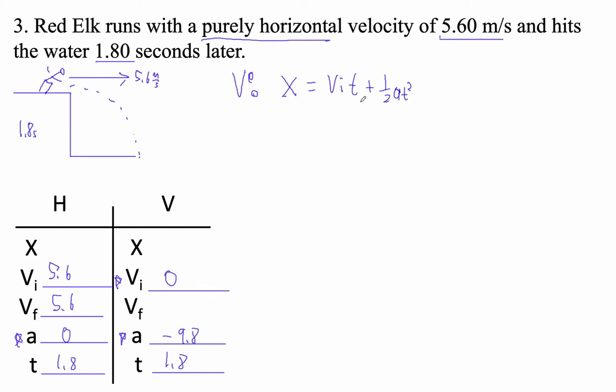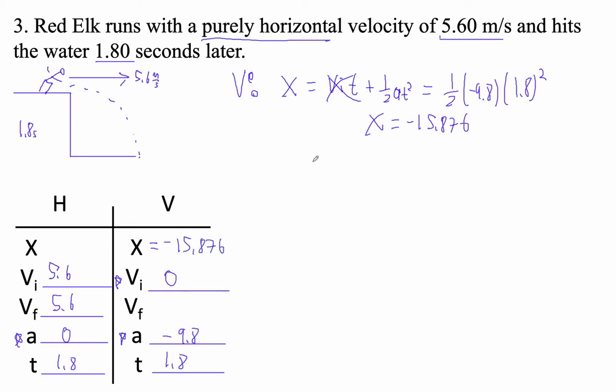Our initial velocity is 0, so that whole thing goes away. So that equals 1/2 times negative 9.8 times 1.8 squared. All right, 0.5 times negative 9.8 times 1.8 squared is negative 15.876. Now let's find the final velocity.